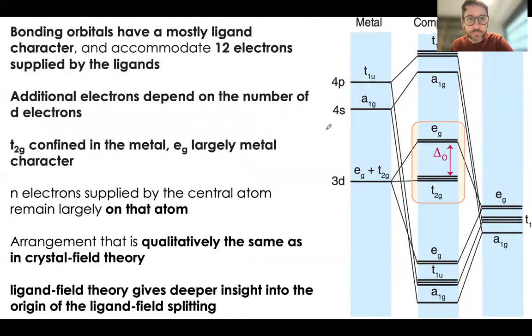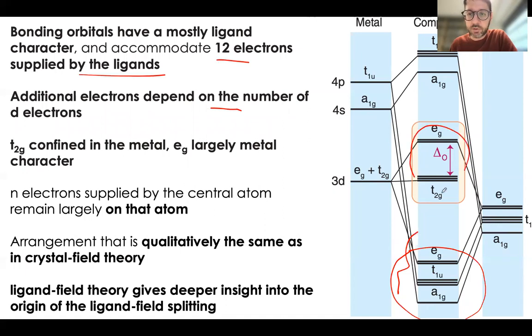So from here, we can say that the bonding orbitals have mostly ligand character and accommodate the 12 electrons supplied by the ligands. So this will be filled by electrons from the ligands, and then the additional electrons will depend on the number of electrons present in the metal.